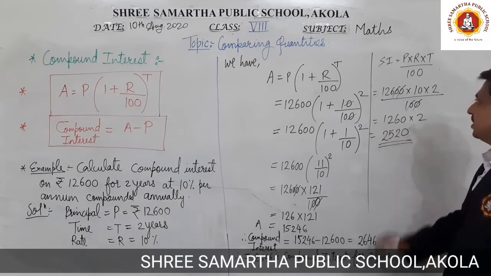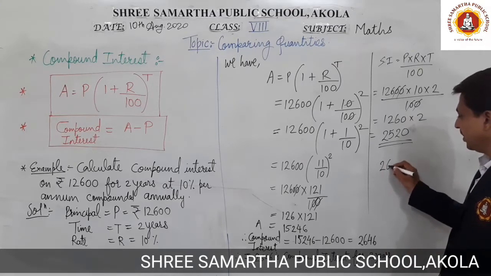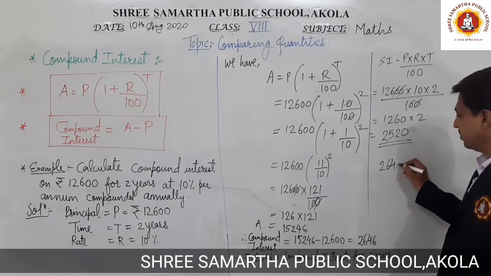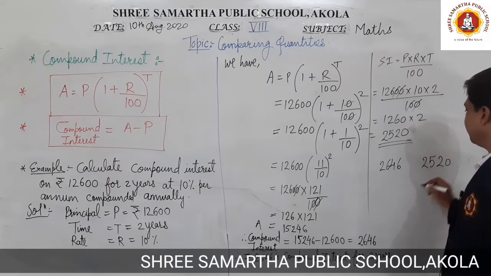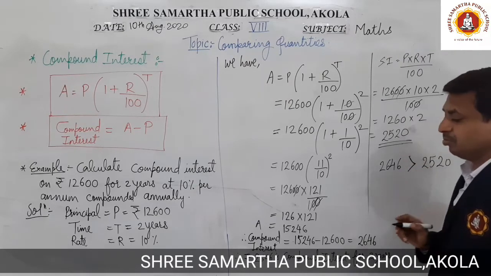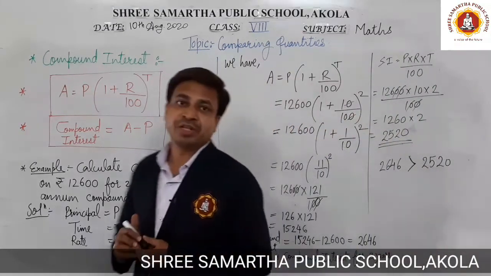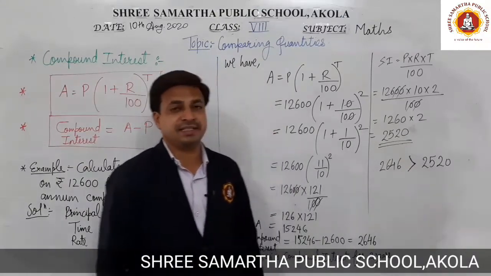So this is the simple interest that we will get. If you compare the two quantities, the compound interest 2646 and the simple interest 2520, then compound interest is greater than simple interest.